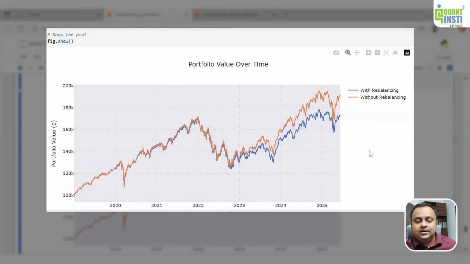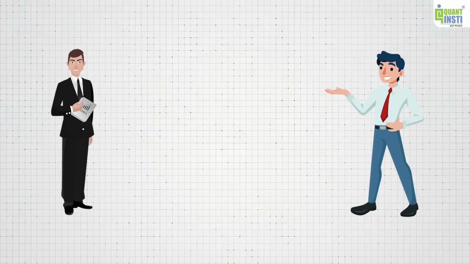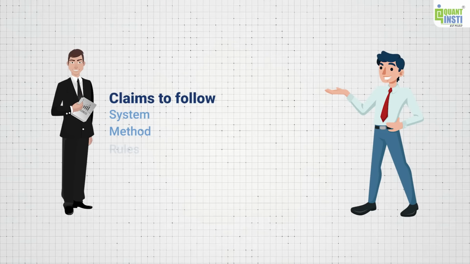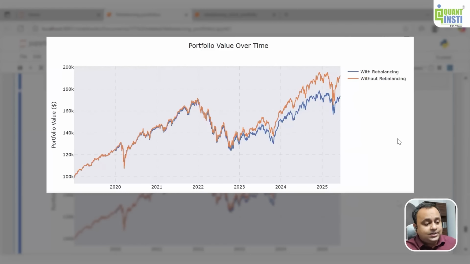Just leave it like that. But suppose you are an investor in a fund and the portfolio manager claims to follow a system, claims to follow a method, claims to follow certain rules, and your objectives are obviously associated with the portfolio weights given to every asset. You go and look at the historical performance of these portfolios.